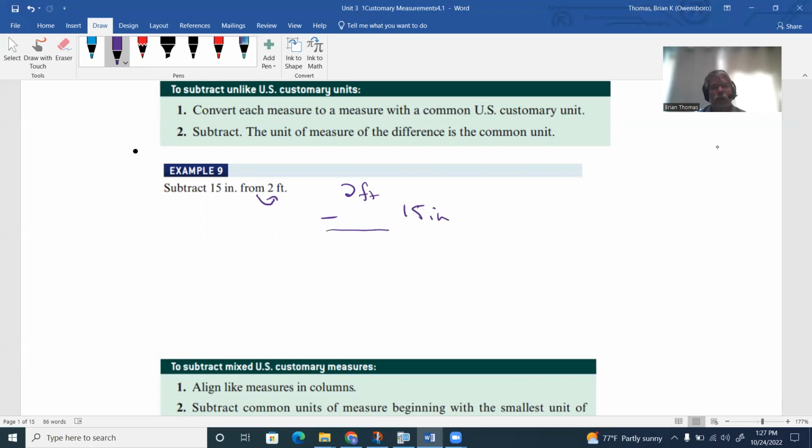Notice they're not like measures, but I can change 2 feet to the smaller measure because it's easier to go from big to small. There are 12 inches per foot, so 2 times 12 is 24 inches. 24 inches take away the 15 inches becomes 9 inches.